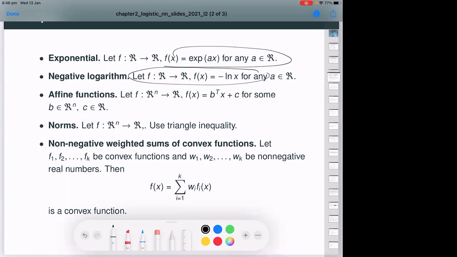Not for the real numbers, just for the positive numbers. Sorry? Just for the positive numbers, I was going to say. Yes, yeah. Yes, you take the second derivative, it will also be positive.